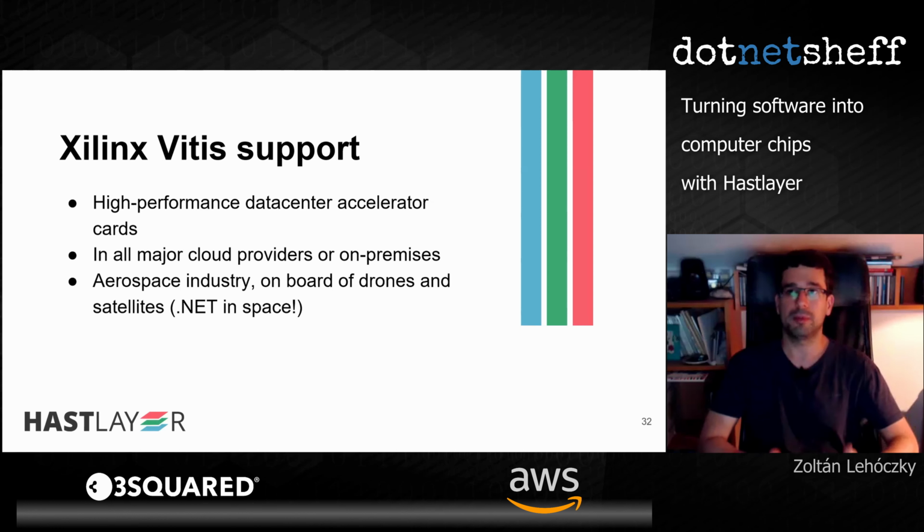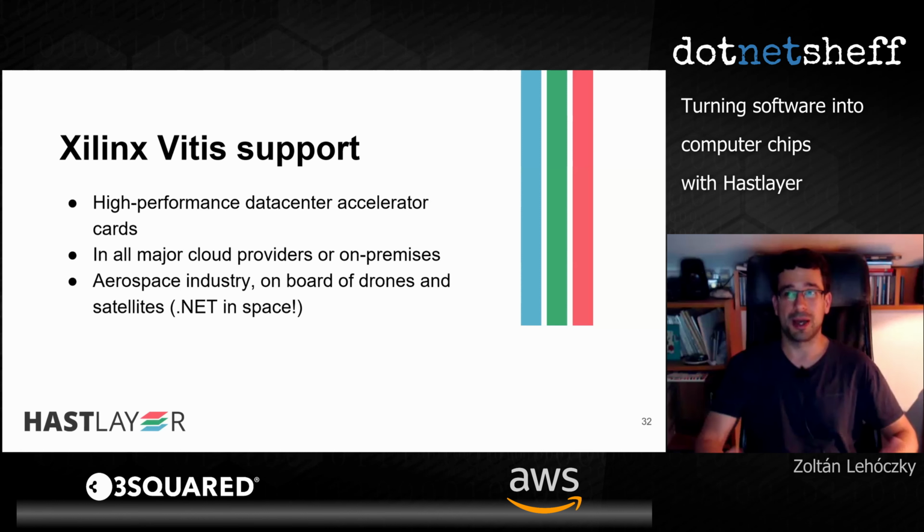For example, high-performance cards that go into data centers. Azure, AWS, and some other cloud providers have such high-performance data center accelerator cards, and Hastlayer supports them. You can also use similar cards on premises, so it's not just for the cloud. Or you can use smaller cards, smaller FPGAs anywhere else.